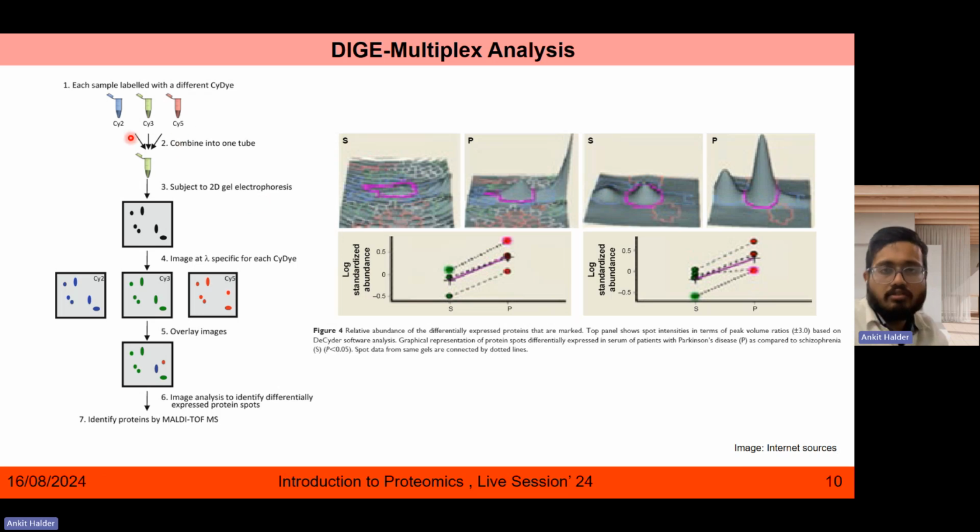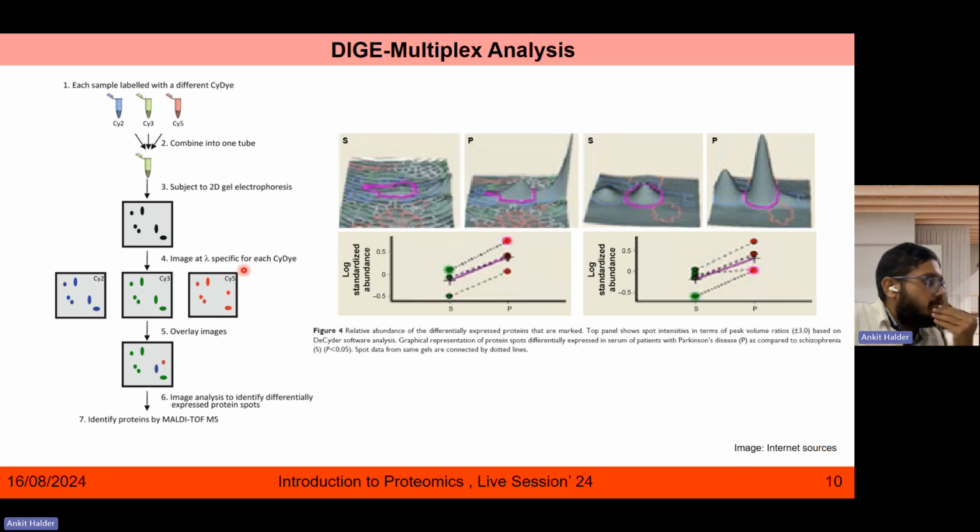So Cy3, Cy5, and Cy2: Cy2 is the pool, Cy5 is one condition, and Cy3 is another condition. All these are pooled into one tube, then subjected to two dimensional electrophoresis. One is isoelectric focusing, and second, we separate through molecular weight.